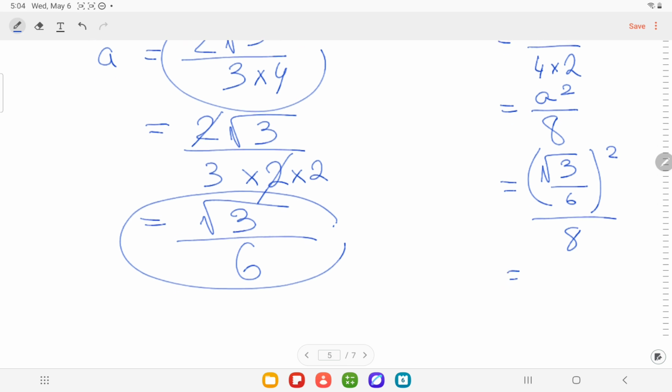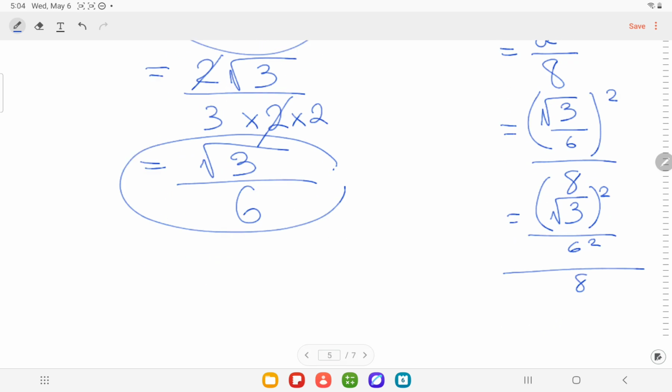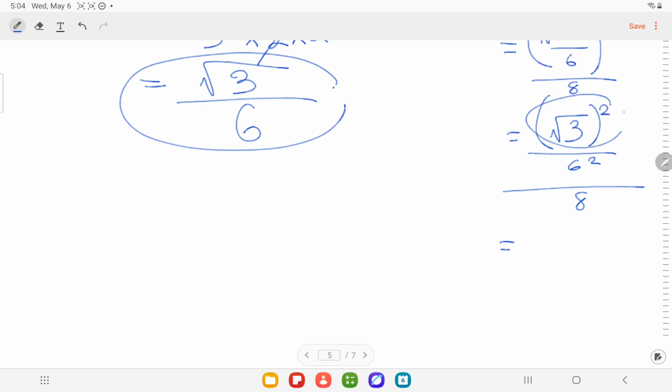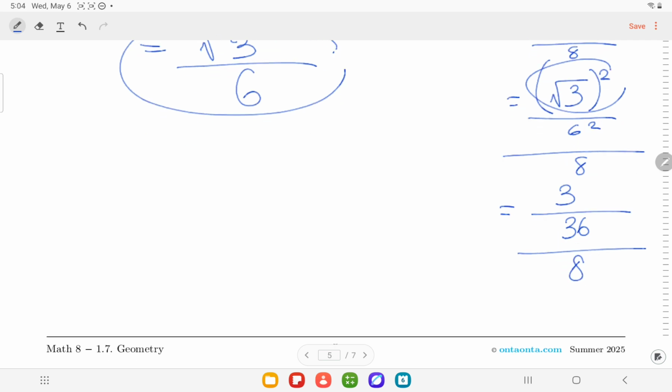And then when we're squaring a fraction, we want to make sure to square both the numerator and the denominator. And so here we will have root 3 squared, which gives us 3, and then 6 squared, which will give us 36, all over 8.